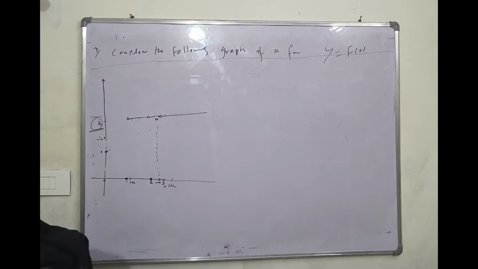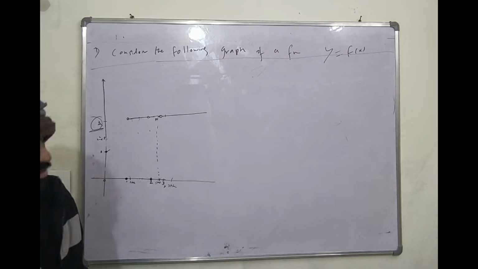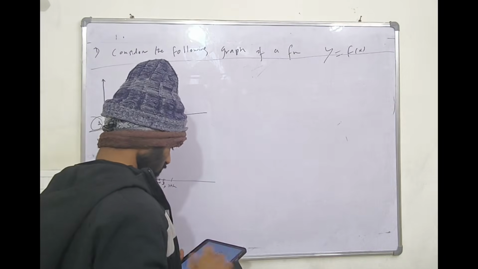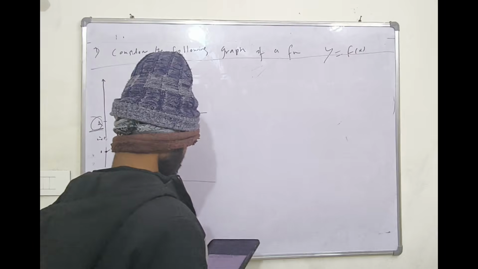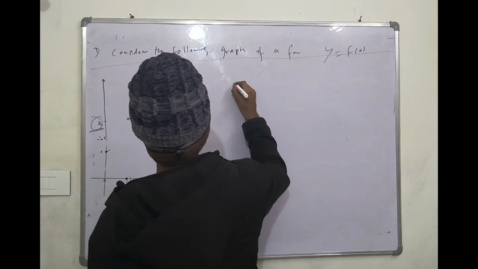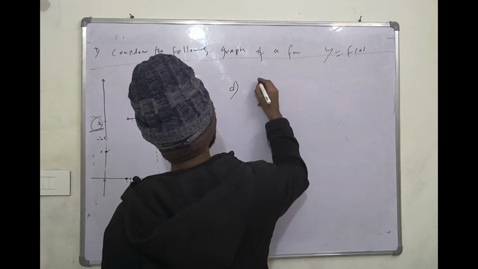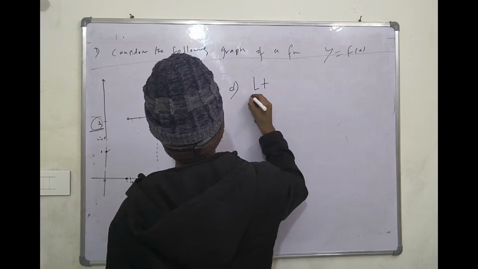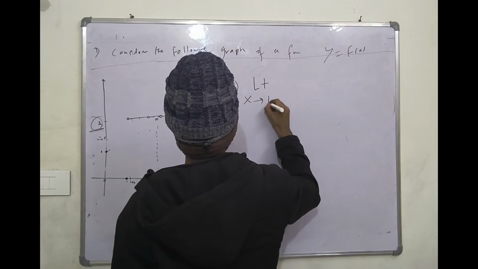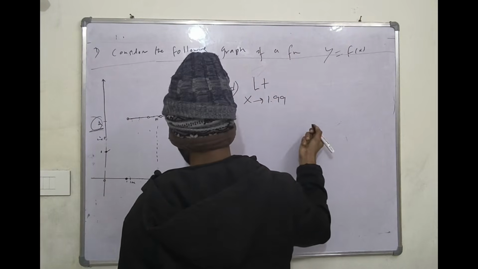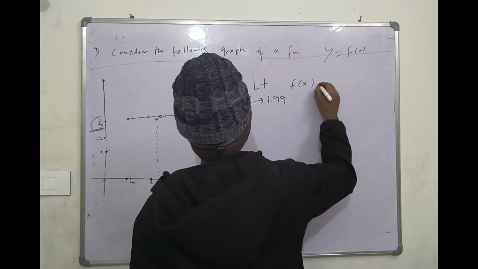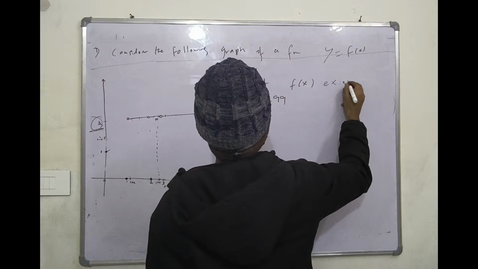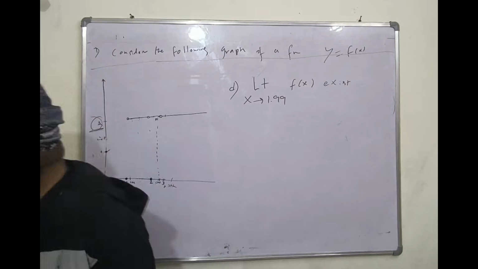Next question, next option. This is very important, this is a very nice option. Limit x tends to 1.99 f of x exists. This is a very, very good question.